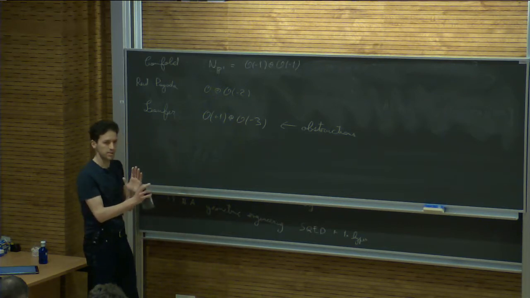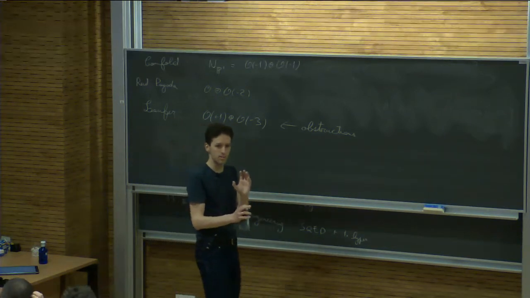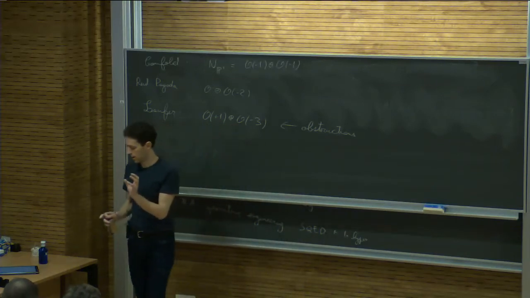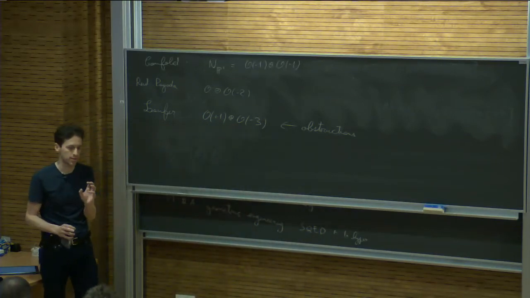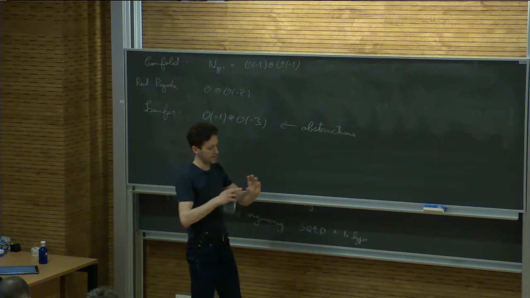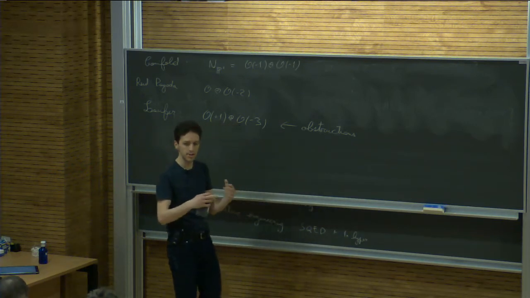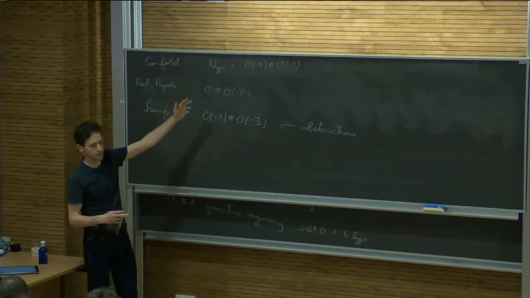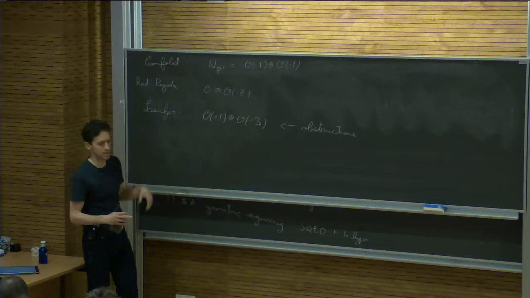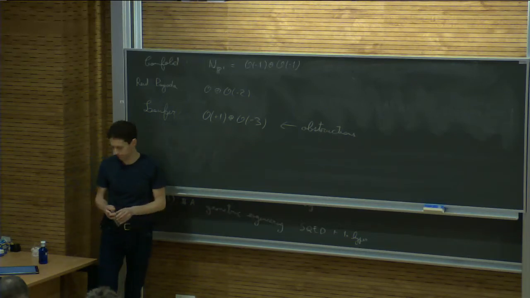Namely, you can have bound states. If you put several branes on the sphere, they could form a bound state, because the strings that go from one to the other have to be sections of the normal bundle tensor with something, and now sections of the normal bundle actually exist.